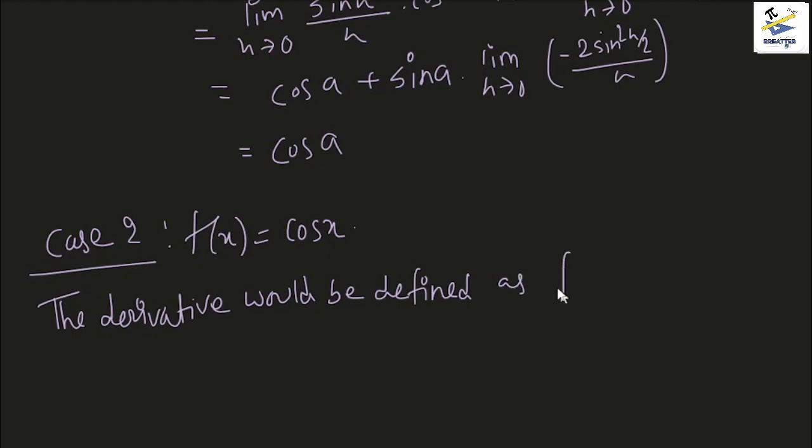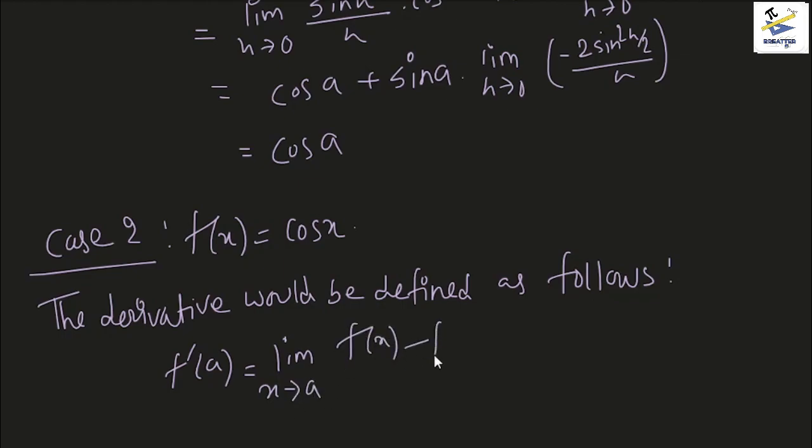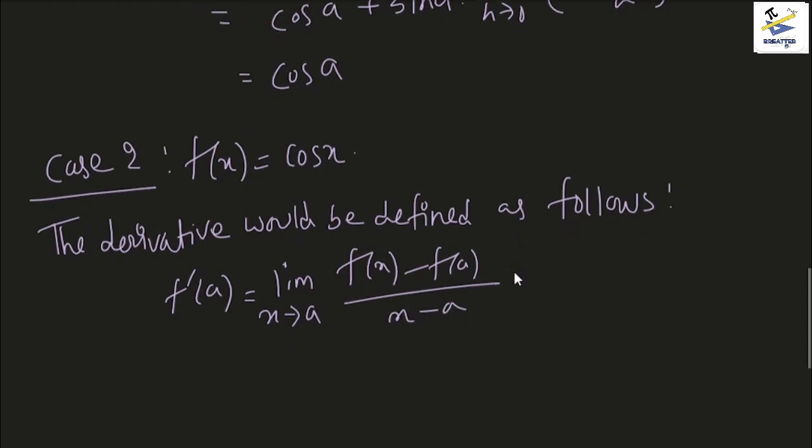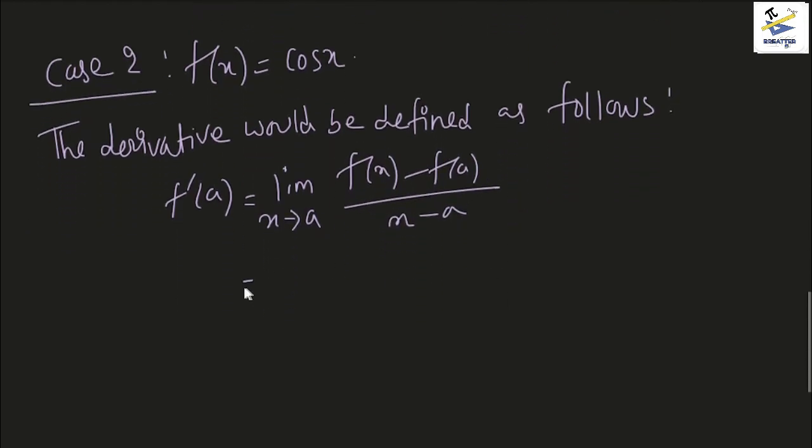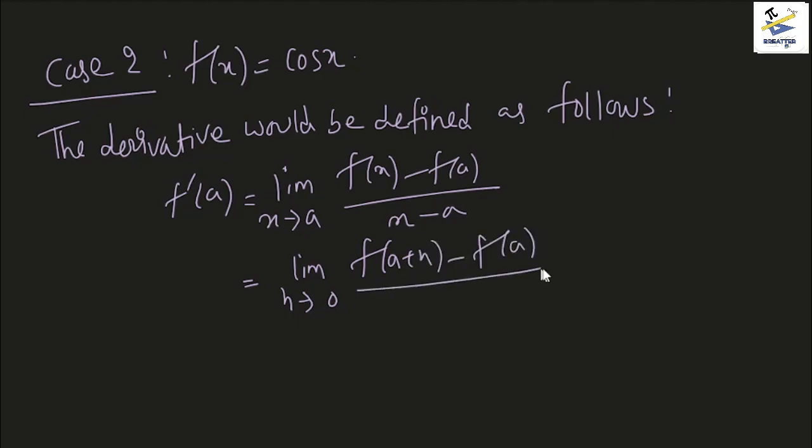Defined as follows: f dash a equals limit x tends to a of f of x minus f of a by x minus a, from which we can substitute h equals x minus a to find the new definition which was more useful to us, which is f of a plus h minus f of a divided by h, right?